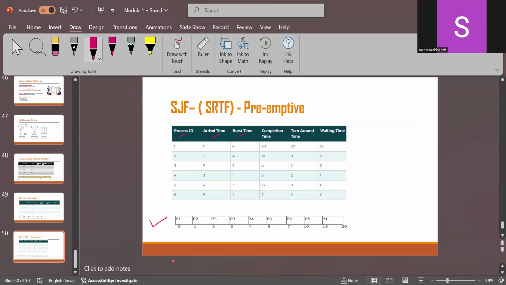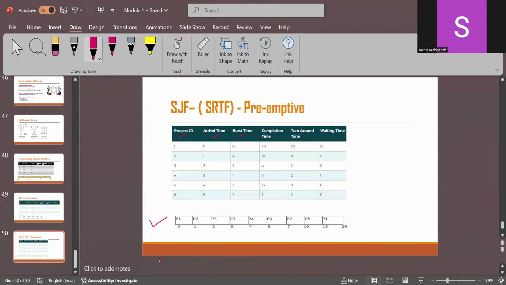So meanwhile, process P1 can execute on the CPU, running from the 0th second to the first second. Here I am taking the unit of time as seconds for our convenience. It will actually be milliseconds, but for our explanation, let us take it as a unit of time. From the 0th unit of time to the first unit of time, P1 is executing.